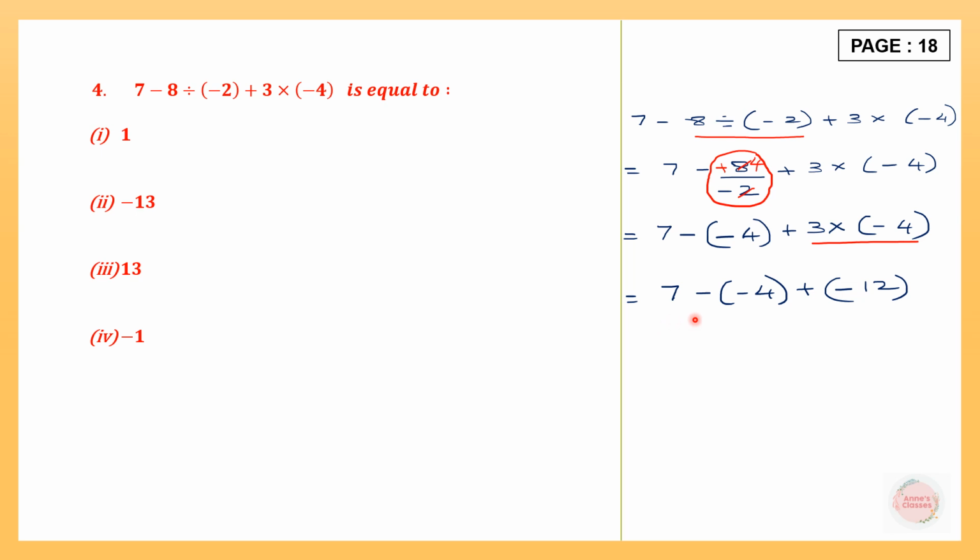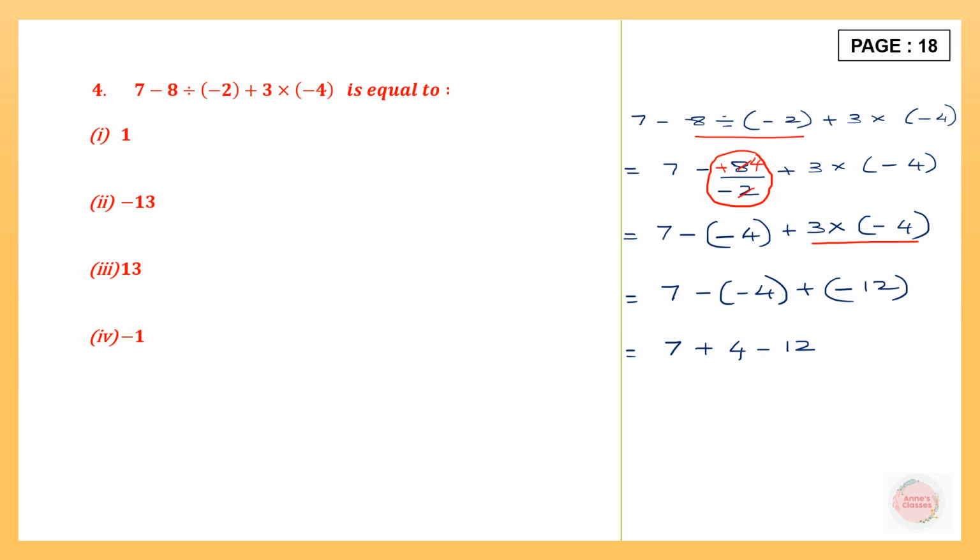Now let's remove all the other brackets. So 7, let's write it as it is. So this is 7. Now here we have minus into minus. Minus into minus is plus. So that is plus 4. And then here we have plus into minus, which is minus 12.